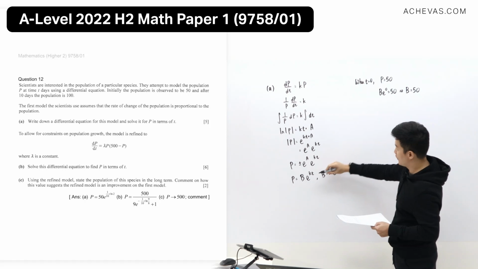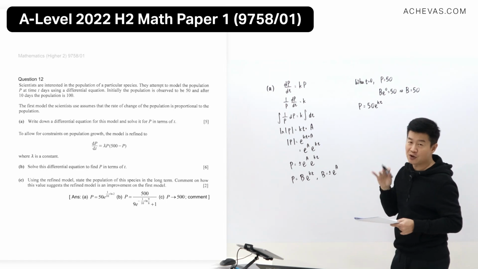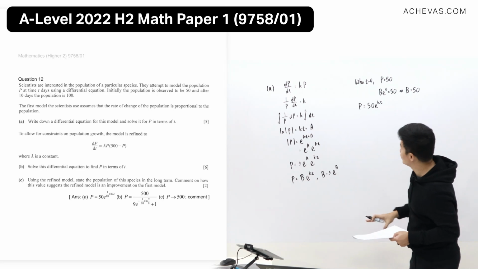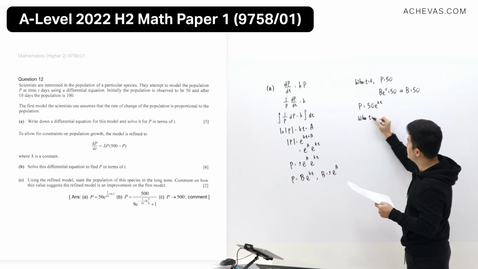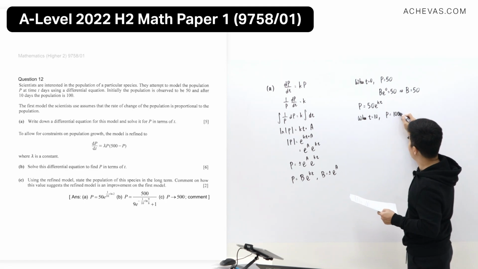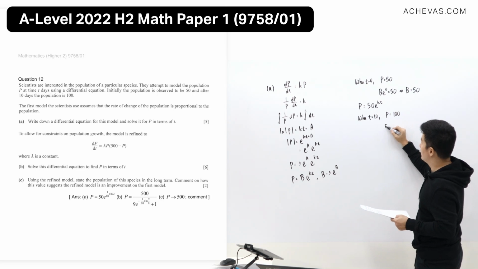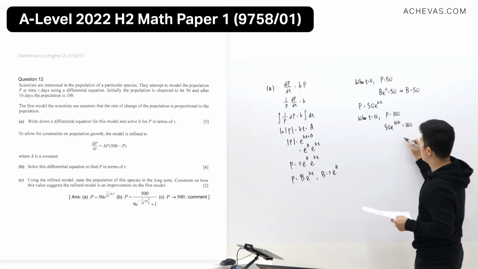which means that for this equation here, we have p equal to 50 e to the power of kt. We need to solve for k, and we do have another piece of information that will allow us to, because the question says that when t is equal to 10 days, p is equal to 100. So let's substitute this in. It is going to be 50 e to the power of 10k is equal to 100.